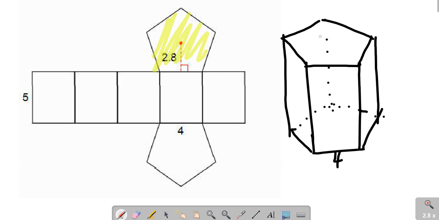This edge was 4. Our apothem was 2.8, and our height here was 5. So you have to be able to go from the solid, fold it flat into a net, and vice versa.